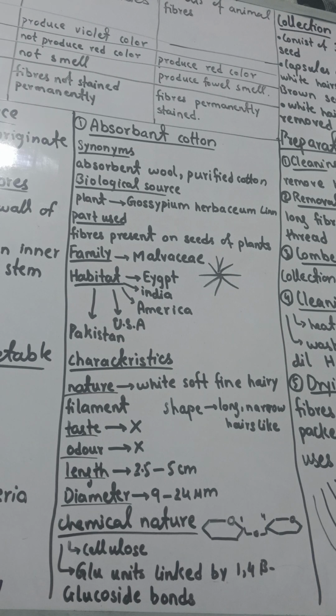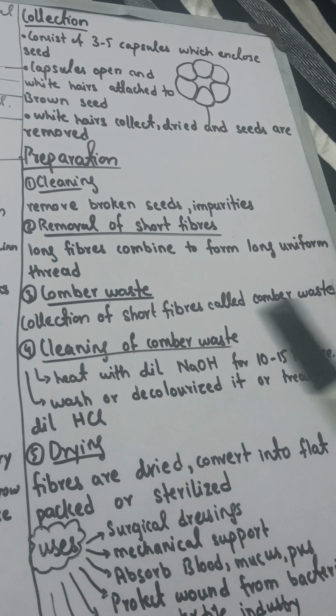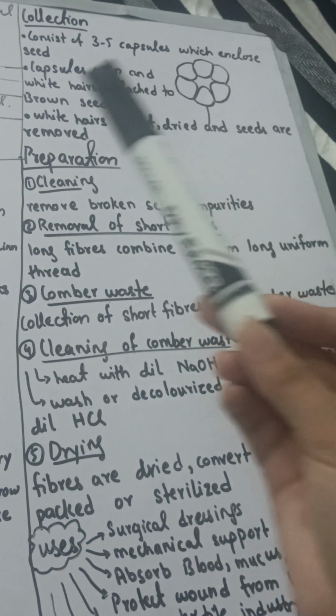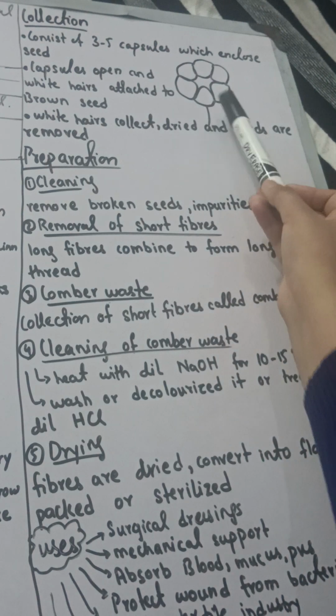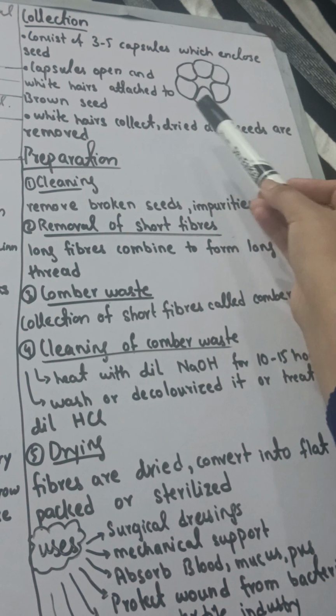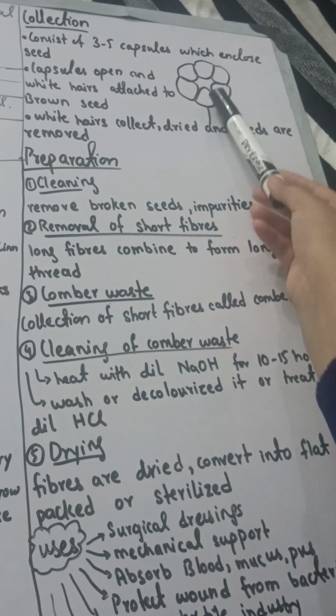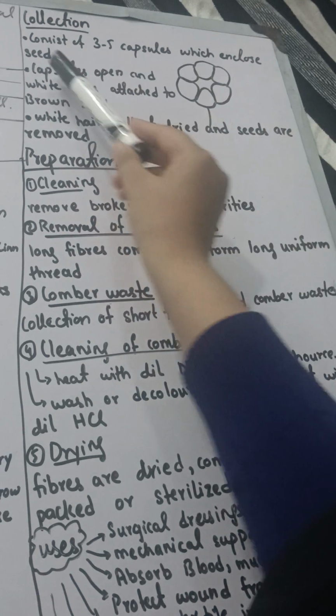Now let's discuss their collection, how this cotton is collected and prepared, and after that we will discuss the uses of cotton in our daily life. So how to collect it? It consists of 3 to 5 capsules which enclose the seed. As you can see here in the picture, there are six, but they are 3 to 5 capsules, and in between the capsule, the seed is enclosed.